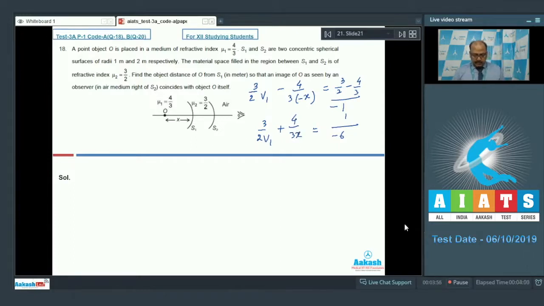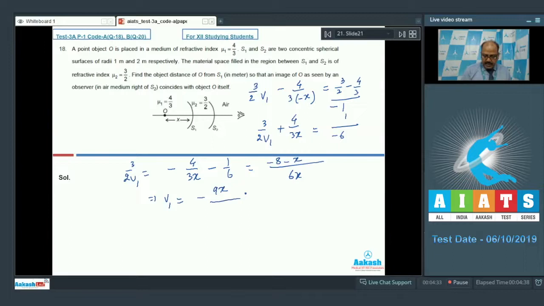Now, if I further solve it, I get 3 by 2 V1 equals minus 4 by 3x minus 1 by 6. Let's say it is 6x, then this is minus 8, then minus x, which means V1 can be written as minus 9x by 8 plus x.